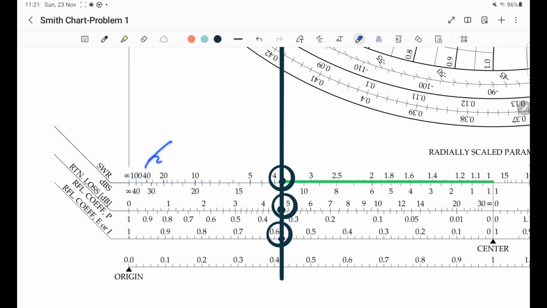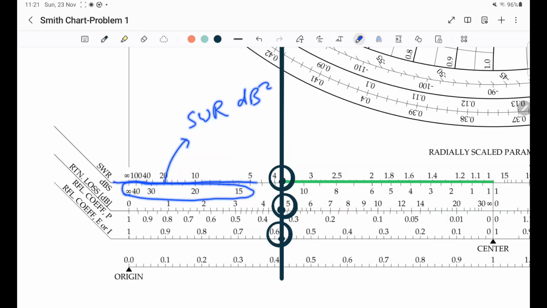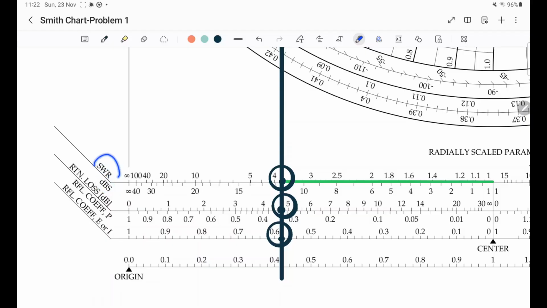These numbers are SWR in linear scale. Similarly, below this line there are a few numbers written. These numbers are SWR in dB scale. That is what is written here: dBs is SWR in dB and SWR is simply in linear scale.